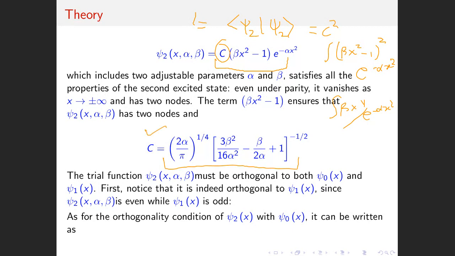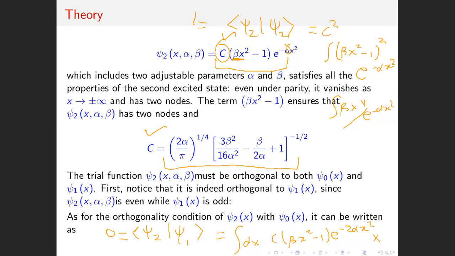So you know what c is, but you still don't know what this beta and that alpha are. But you know that the overlap of psi 2 and psi 1 has to be equal to 0. So if you try that, you get the integral dx c (beta x squared minus 1) e to the minus 2 alpha x squared with an x.